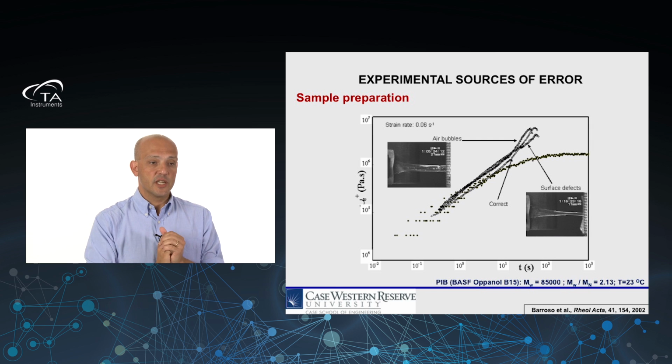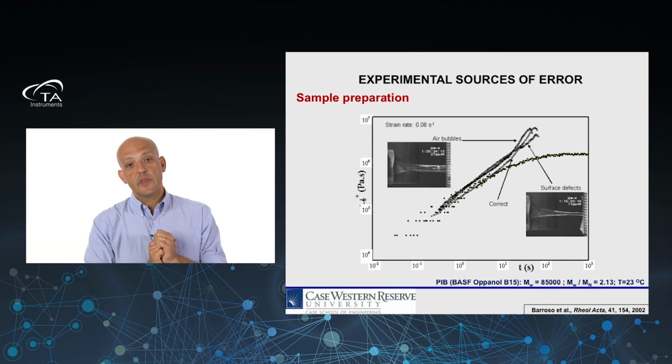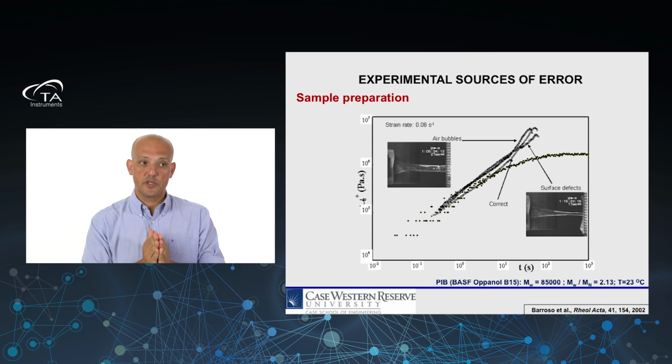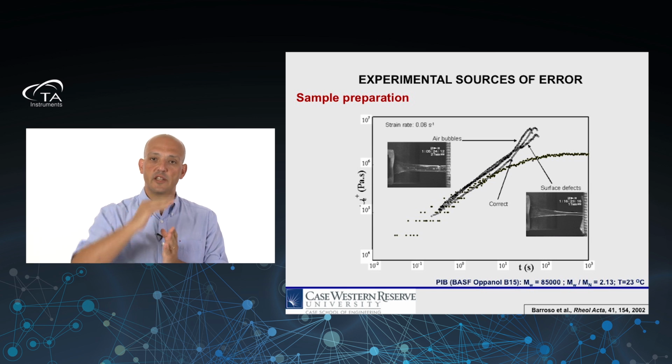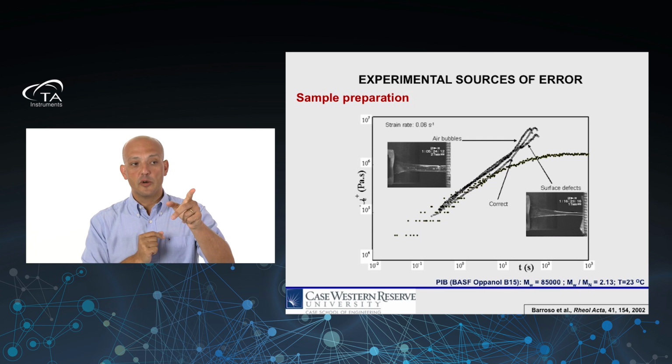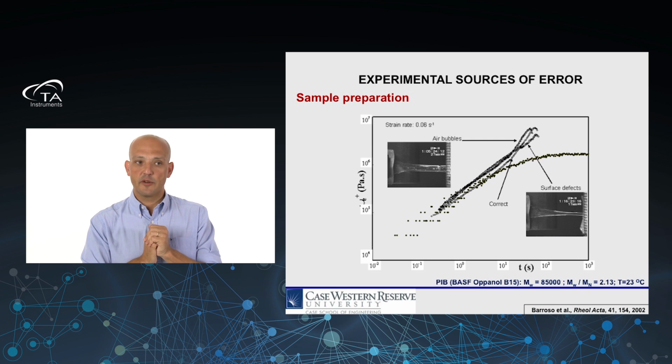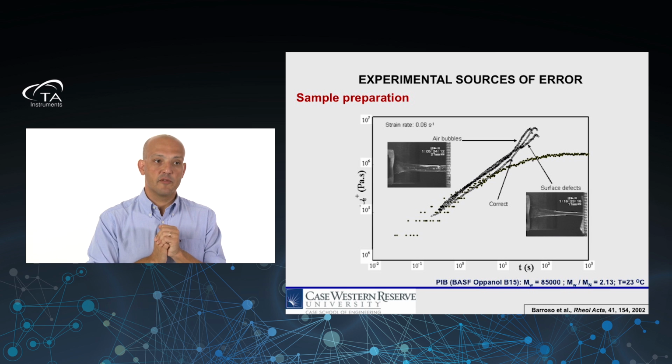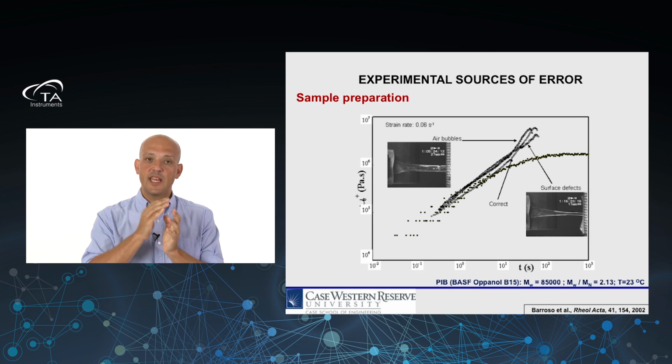So here, for example, you have the transient extensional viscosity of a polyisobutylene at room temperature, and you see the curve below that levels out. That's the linear viscoelastic curve, as I showed you earlier. The good experiment is the one that follows that linear viscoelastic curve up to a time of around 3 to 4 seconds, and then starts strain hardening.